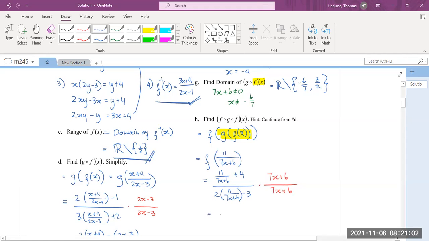That will be 11 plus 4 times (7x plus 6) over 2 times 11 minus 3 times (7x plus 6).